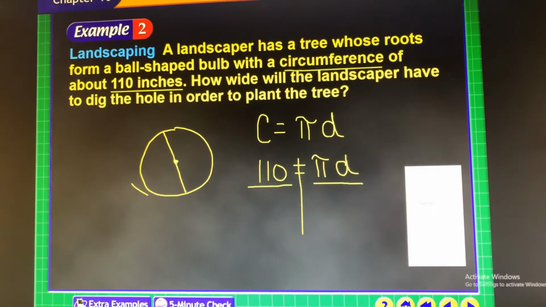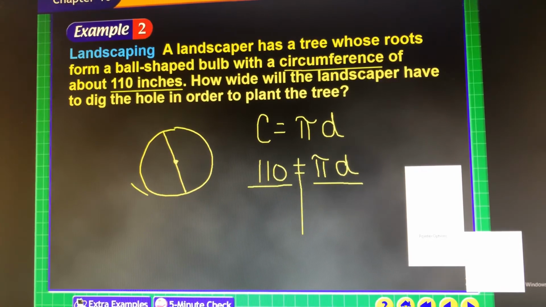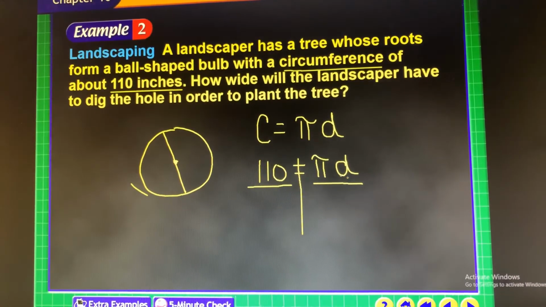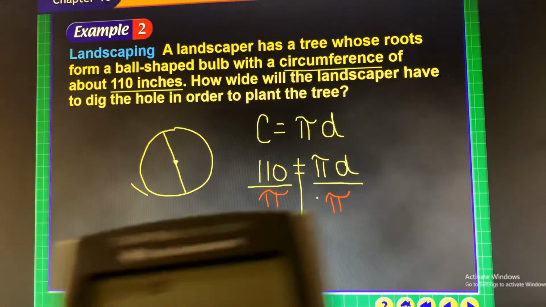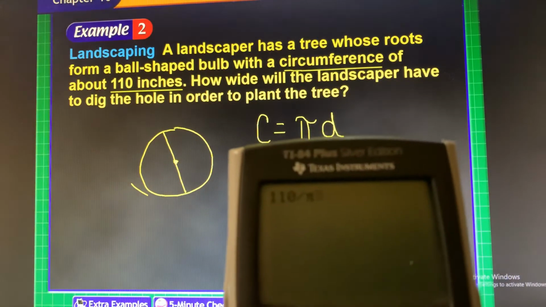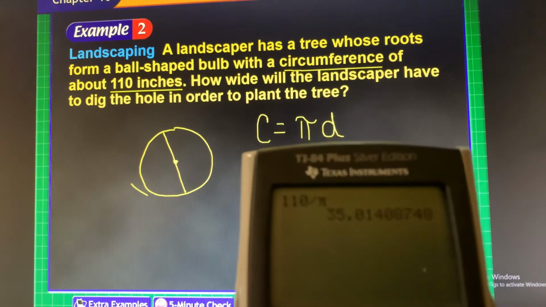Go ahead and divide both sides by pi, or 3.14. Both of them will get you to an answer, just slightly rounded differently. So in your calculator, just like that. There you go. There's your diameter.